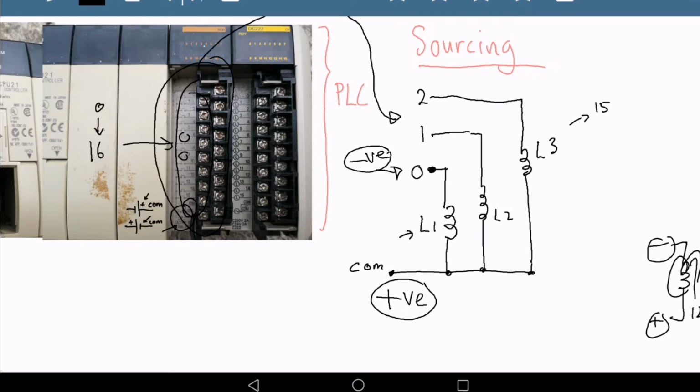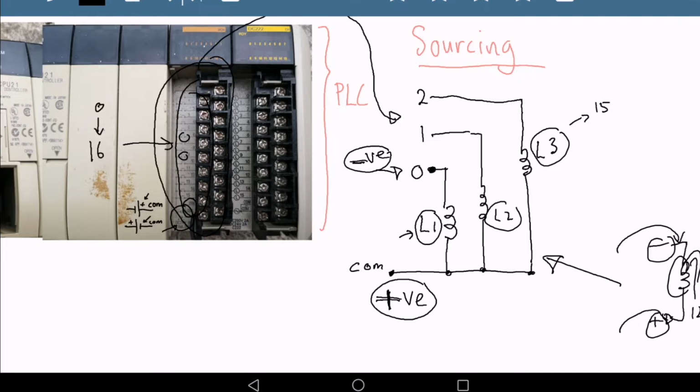Just like that. You have positive, then you need negative to energize the relays. So it's the same principle here. If your common is connected to positive, then you need negative to turn on this L1, and so L2 and L3.